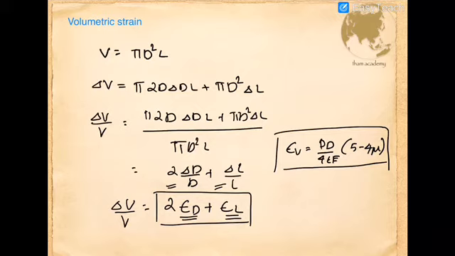In some examinations, the internal fluid which is filled in the cylinder or pressure vessel can be compressible. In such a condition, we have to consider the volumetric strain or volumetric change in fluid compression also. So in that case, total volumetric strain will be the sum of the elastic strain because of pressure of the pressure vessel, as well as the volumetric strain developed in the fluid also.